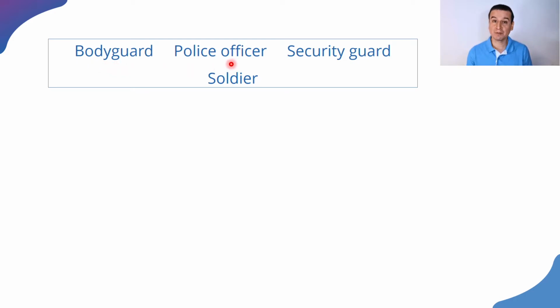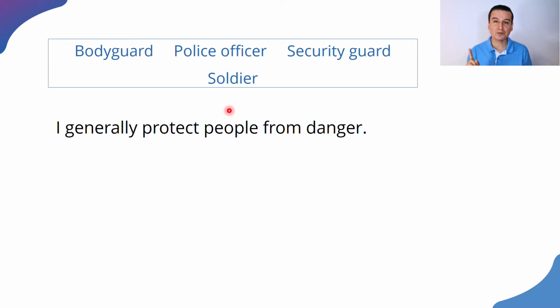Police officer, they work for the police department. Security guard, they work at malls, private surveillance, private security. And soldier, the person who defends or protects our nation. All right, so listen to the first description.